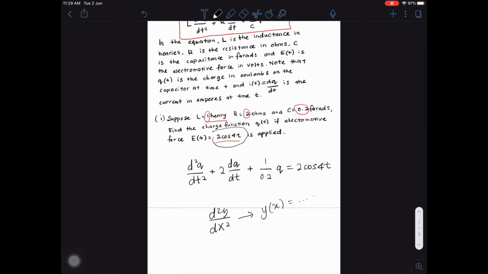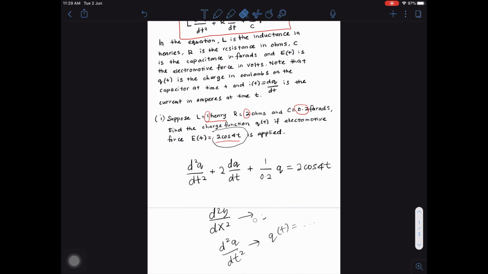Now we have our differential equation in terms of q and t, therefore our solution must be q(t) equal to something. You need to know this so that you will not panic when you are asked to find q(t). It's just the solution of our differential equation. Let's solve this one.